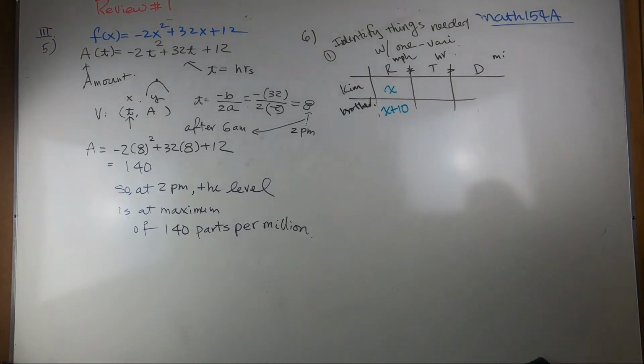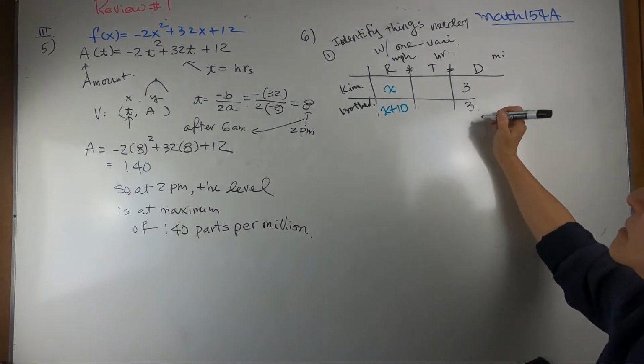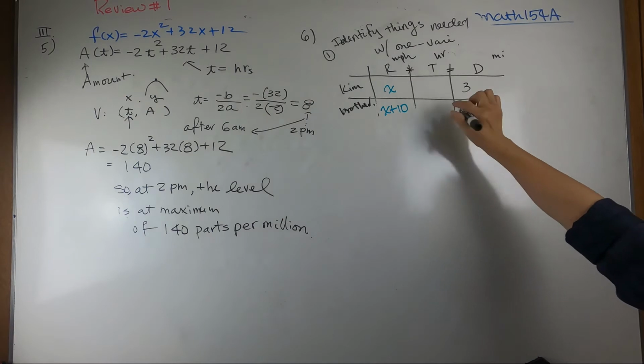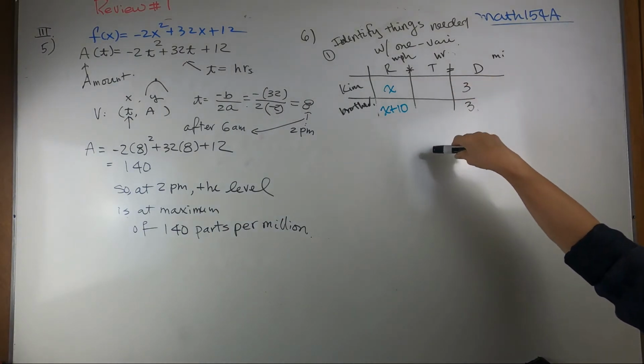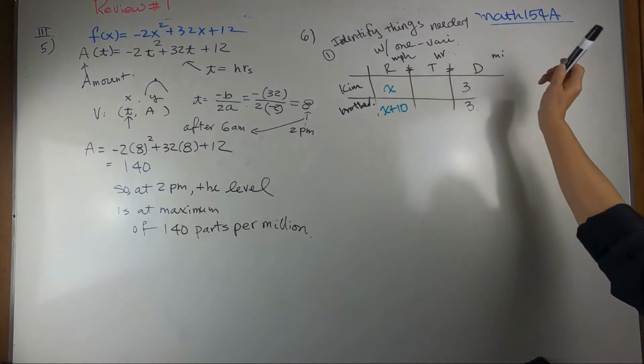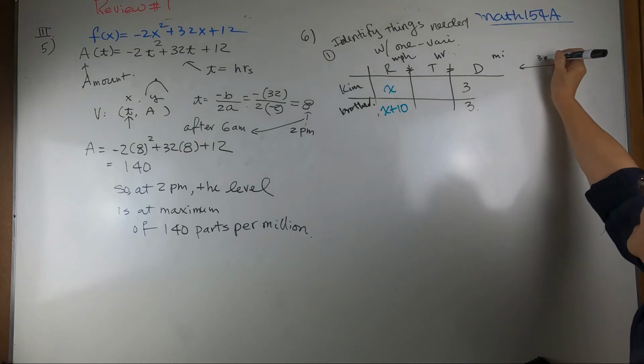Then how far do they travel? Look at your question, right? Kim starts to walk 3 miles to school, so they both travel 3 miles. Then we don't know the time, but we don't want to put a y there. We only use what? One variable. So they travel the same distance, 3 miles.